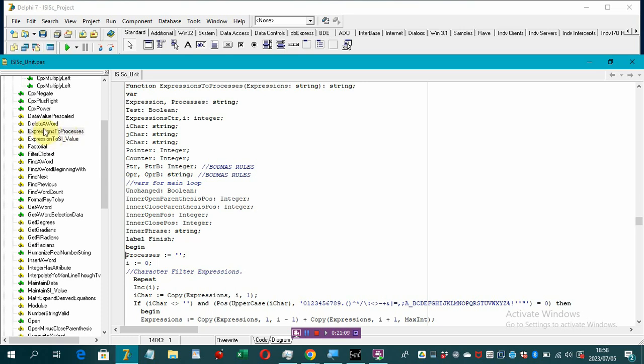This function is also used by the other main function, expression to SE value. It converts the expression to a process, and then that process is converted to an SE value. So I'm going to show you expressions to processes and expression to SE value.